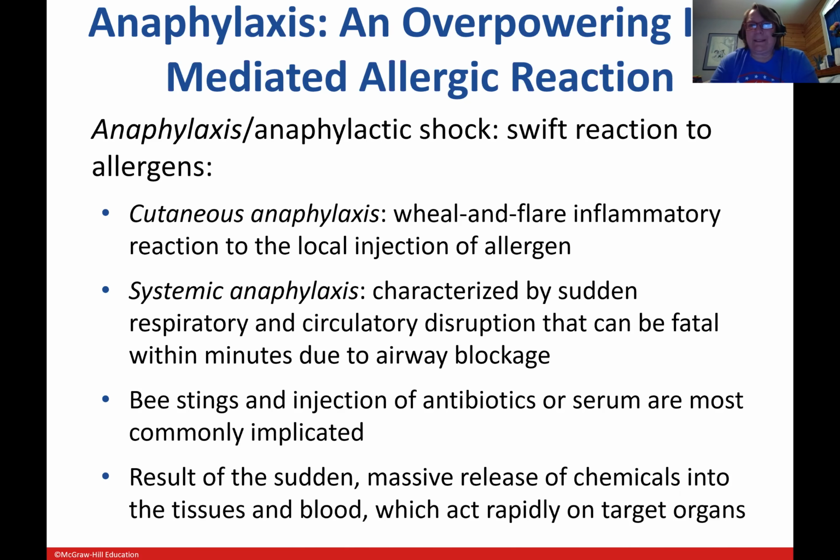And I believe it's the next slide that will show you a picture of that. Systemic anaphylaxis is typically a response that either completely shuts down the lungs, it bronchoconstricts to the point that you can't get sufficient air into your lungs, or it can cause the collapse of the circulatory system. And the circulatory collapse can be fatal within minutes.